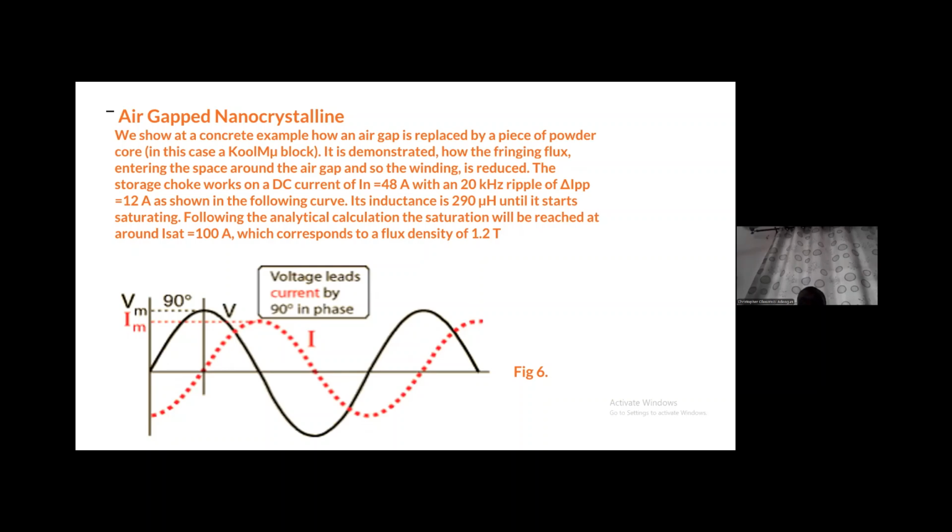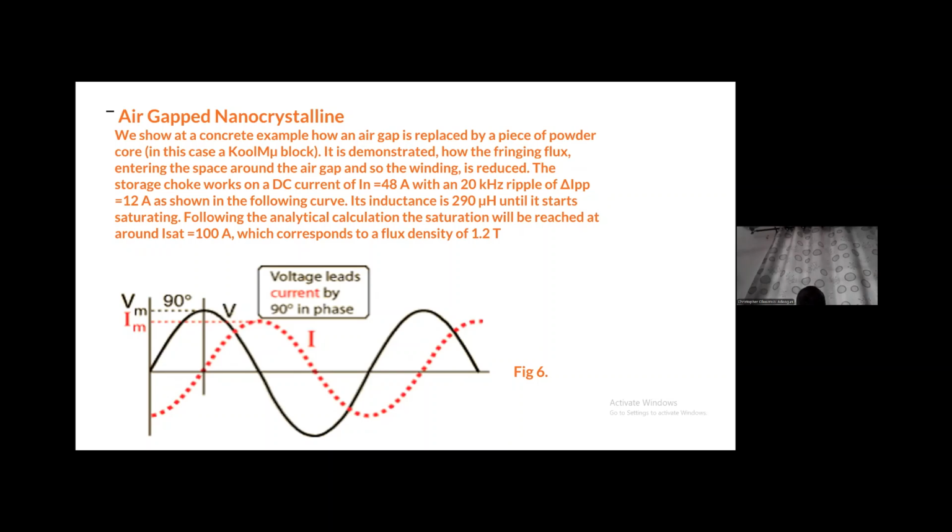Its inductance is 290 µH until it starts saturating. Following the calculation, the saturation will be reached at I_sat, the saturation point, equal to 100 amperes, which corresponds to a flux density of 1.2 Tesla.